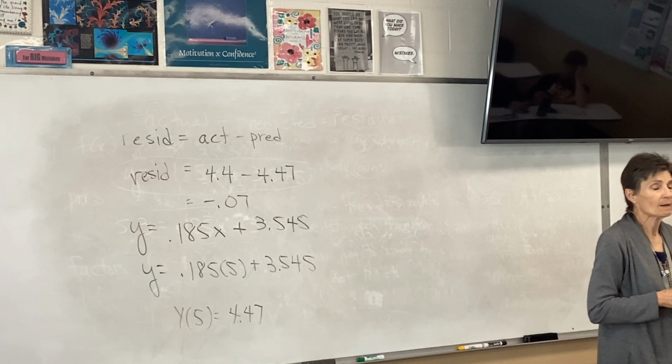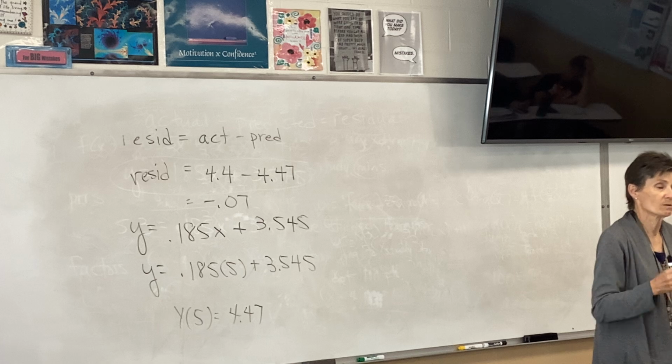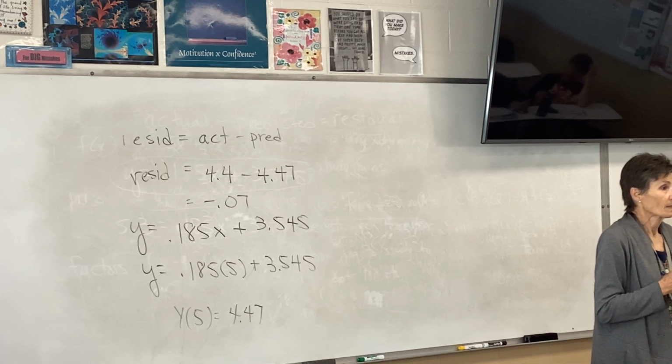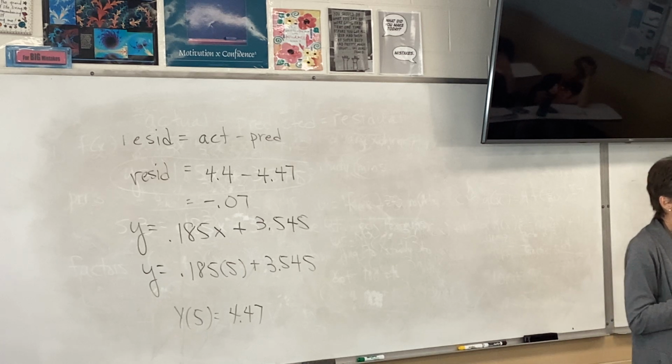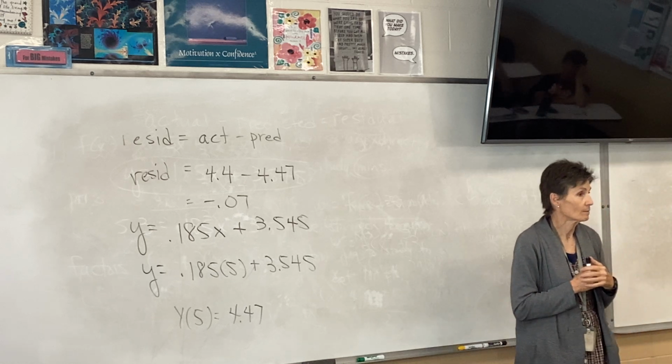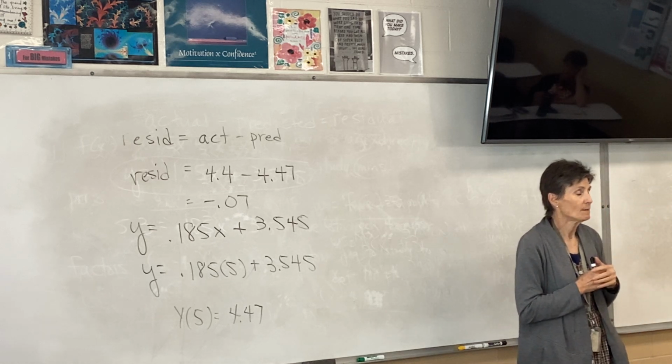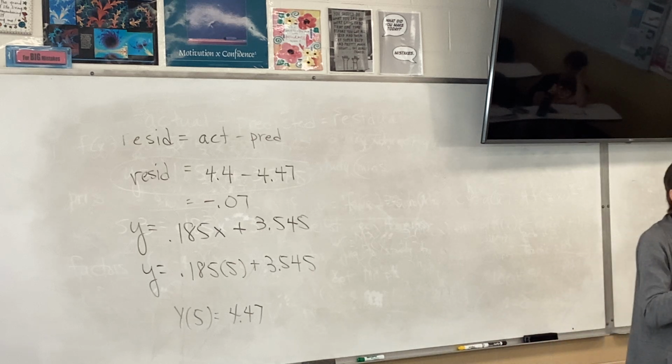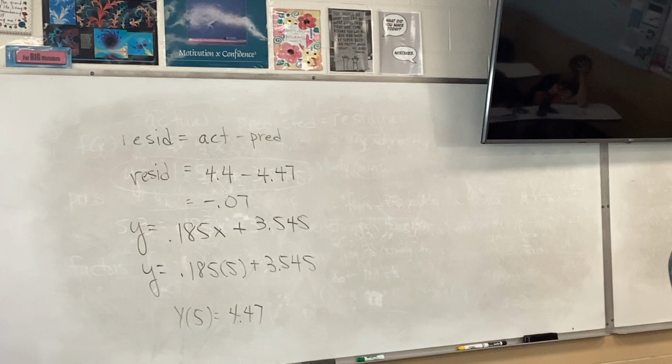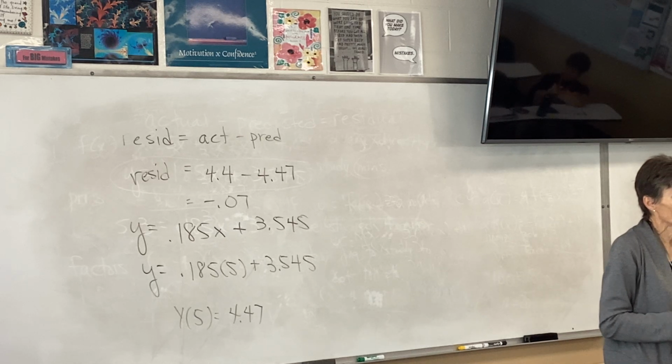What would it mean if it came out to be positive 0.07? The model underestimated, because the actual would be a little bit higher. And we talked last time that we want some of both, some overestimate and some underestimate, so that we kind of know we're in the middle somewhere.